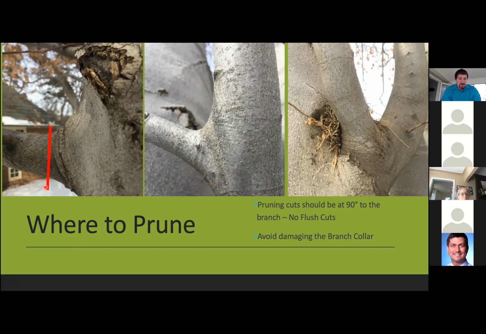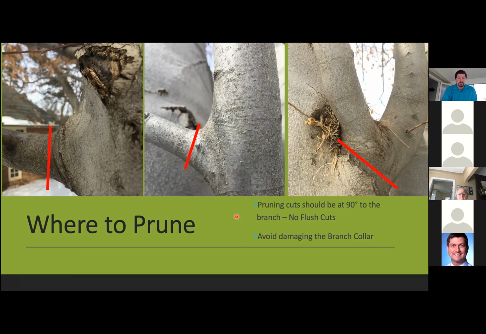So you want to go just outside of that branch collar, and then make sure that everything is cleaned up and clear for the tree to just sort of move on. So that's really the best that I can explain it without taking people out and doing a hands-on workshop.